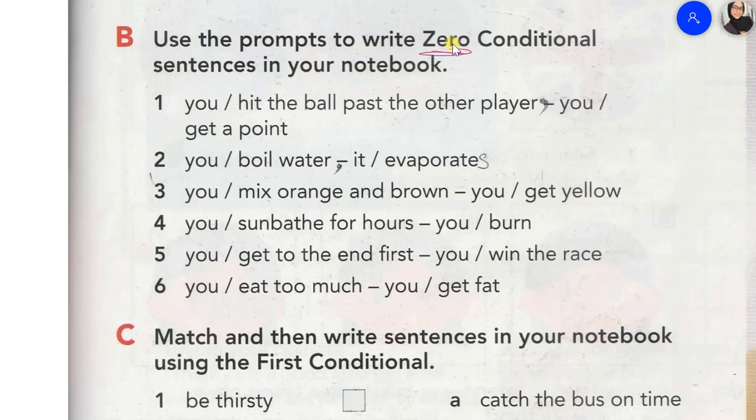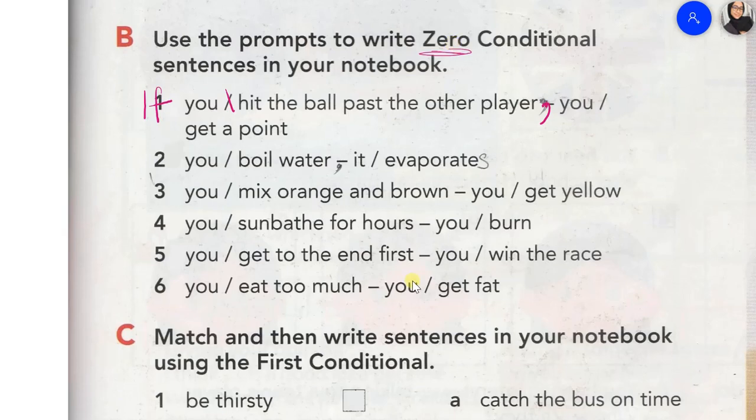Okay, zero conditional, so we can use if and when. So the first one, if you hit the ball past the other player, comma, you what? You get a point or you will get a point.